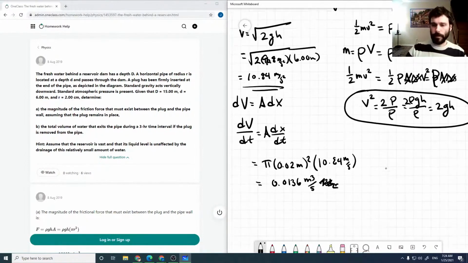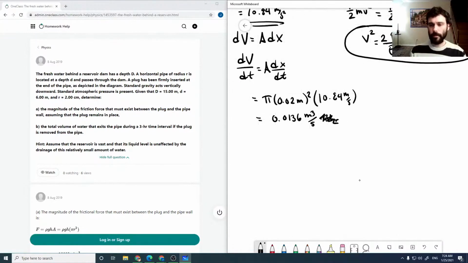So now if we want to know the volume for 3 hours, then we take our dV by dt and multiply by our delta time. So 0.0136 meters cubed per second times 3 hours times 3,600 seconds per hour.